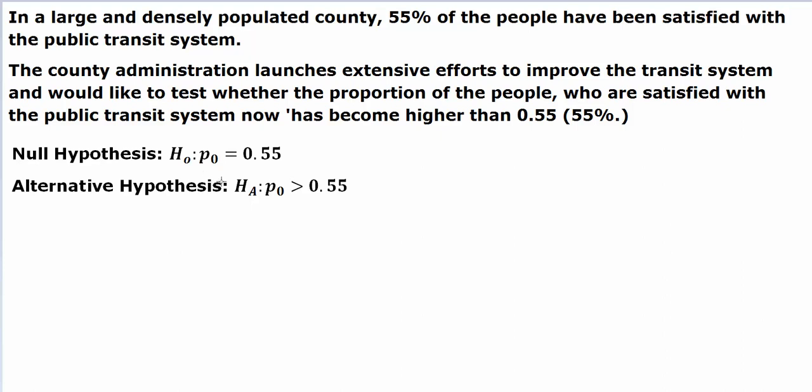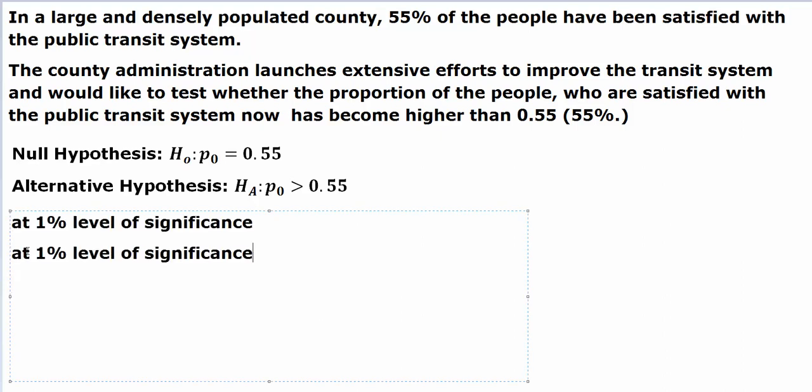That the population proportion is still 0.55, or still it is at 55%, and alternative is, since they thought that it has become higher, so we'll say alternative is that the population proportion is now higher than 55%. Okay, so let's conduct the test at 1% level of significance.